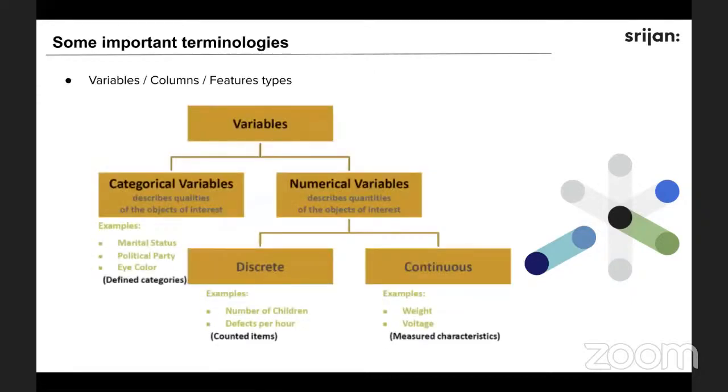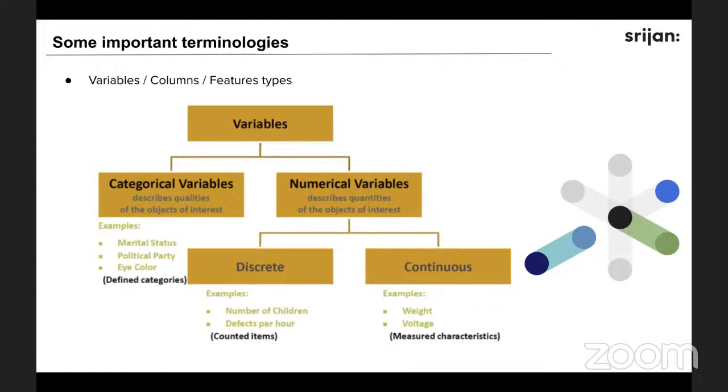Some important terminologies that I want to discuss, because whenever you are exposed to some data, these are the terms you will come across, and it will be very helpful to have a good introduction to these things. So let's talk about features.